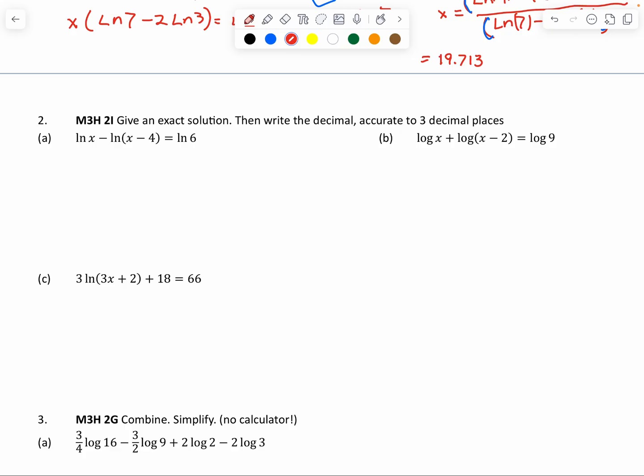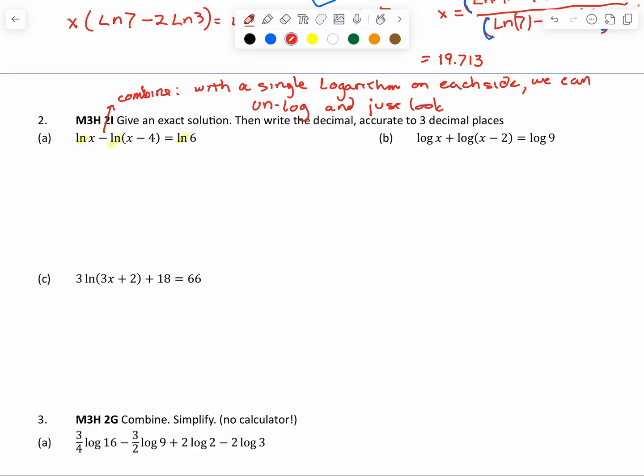Okay. If you have ln's or logs on both sides, you have to make it into a single ln on one side. Remember, subtraction outside is division inside. Subtraction inside is nothing useful.